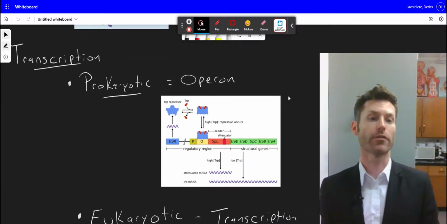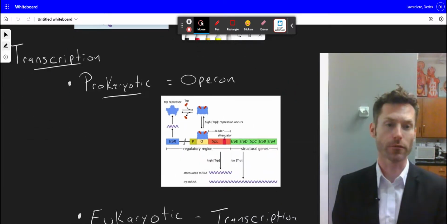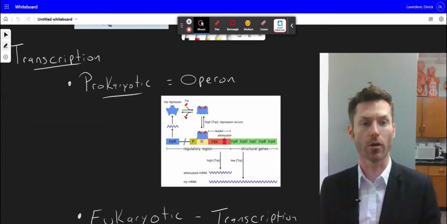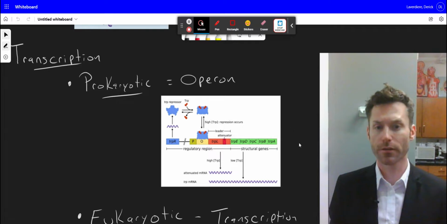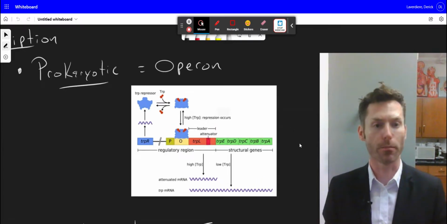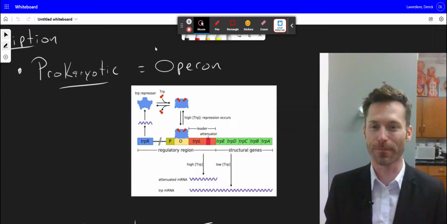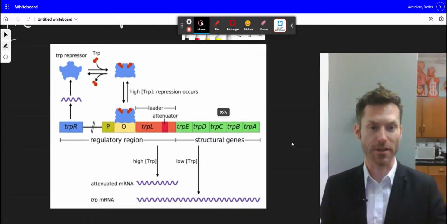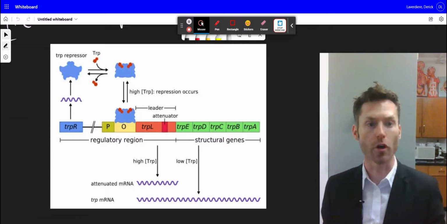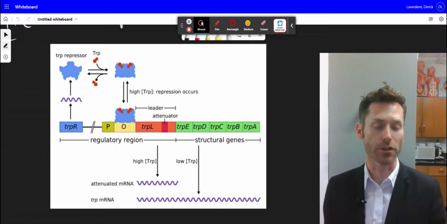Now the regulation of transcription is handled very differently in prokaryotic organisms than it is in eukaryotic organisms. So let us look first at our prokaryotic mechanism, which is the operon. Prokaryotic organisms have a single circular chromosome that contains their entire genome for the most part.